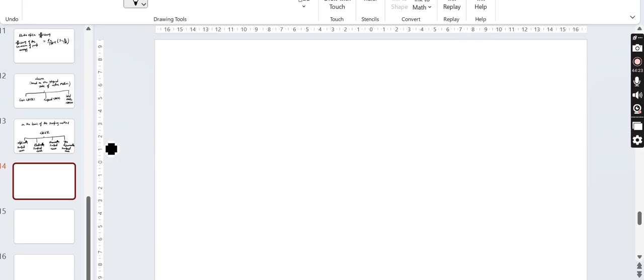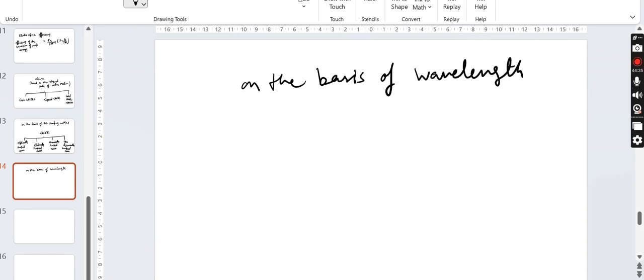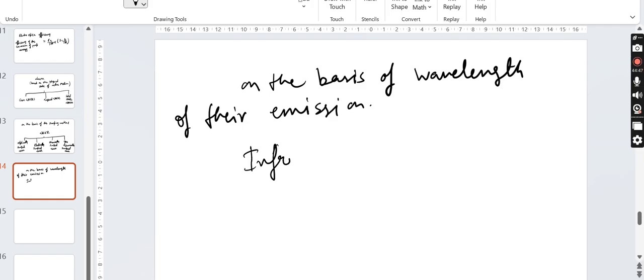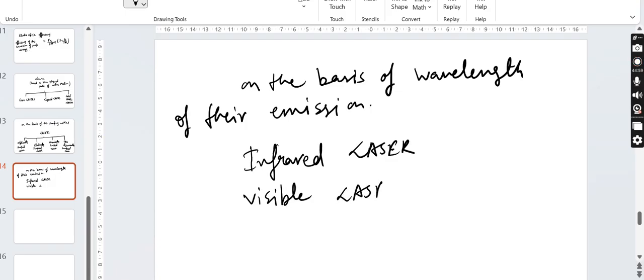And on the basis of the wavelength of their emission, they are termed as infrared laser, visible laser, ultraviolet laser, vacuum ultraviolet laser, and so on.